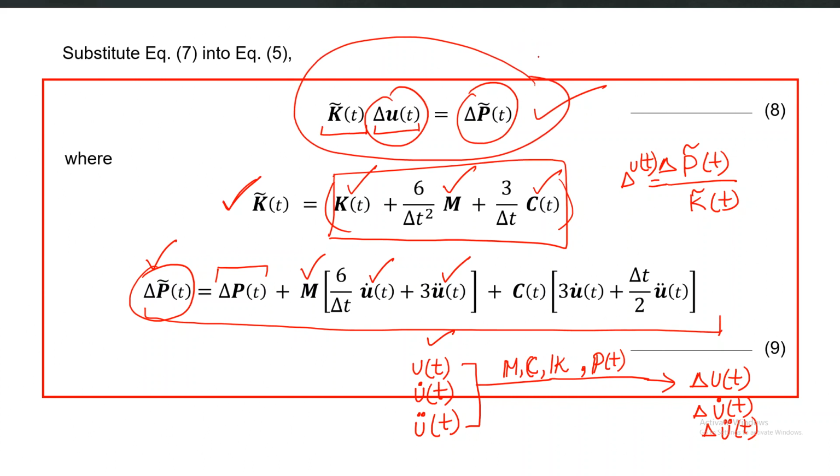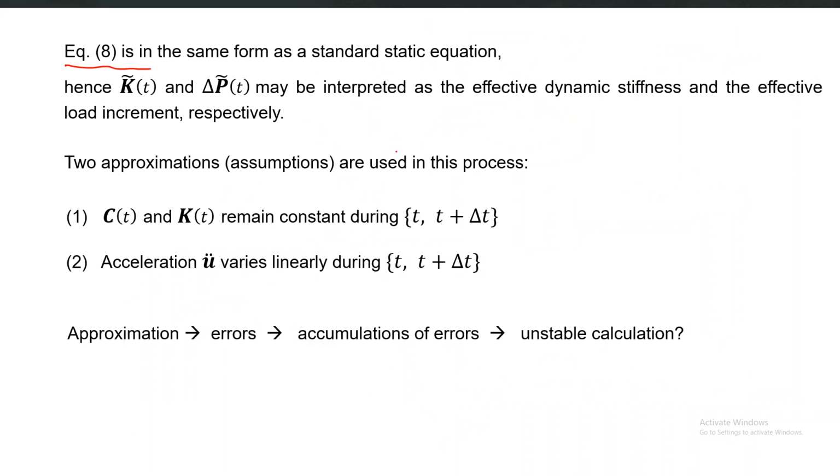It is having the same form as F is equal to KU, this F equal to this K into U. So the form of the equation is like a static equation, and U can be simply calculated as F over K. But this process should be done for each time increment in a loop, and then finally you get all possible values of U and you can construct the U vector. So this K prime and P prime can be interpreted as the effective dynamic stiffness and the effective load increment.